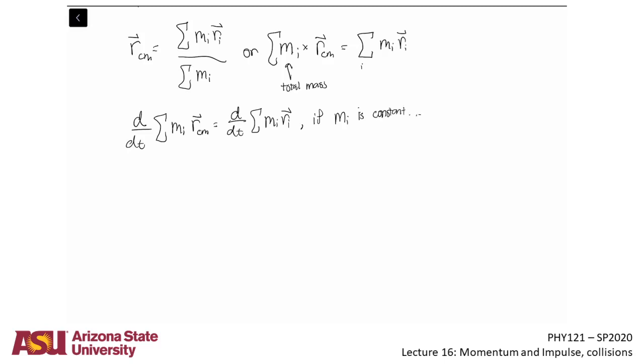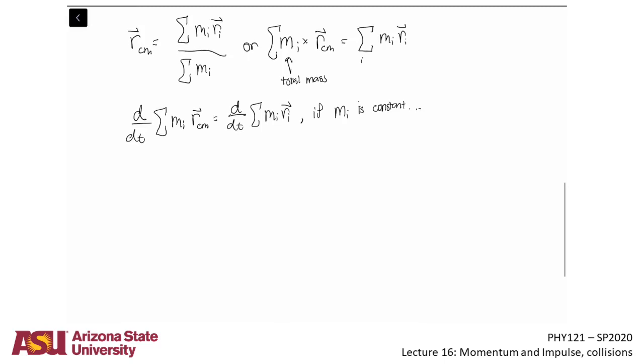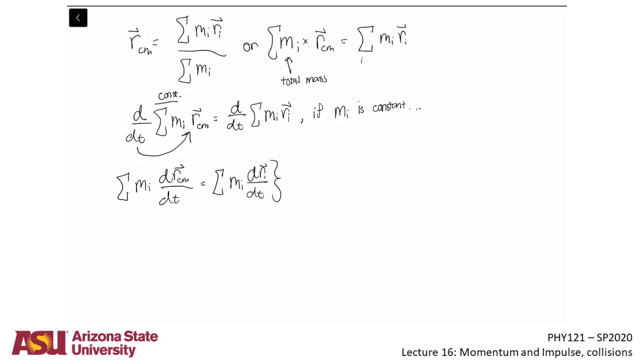If the masses are constant, right, then on this side the derivative goes inside the sum because the mass is constant. Therefore, the total mass times d r of the center of mass dt is equal to, and this is important, the sum of m_i d r_i dt. What's this?